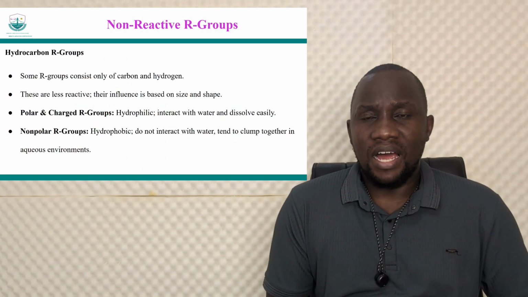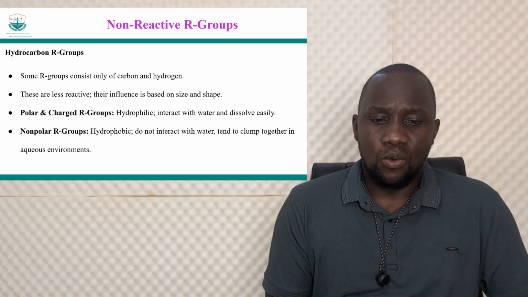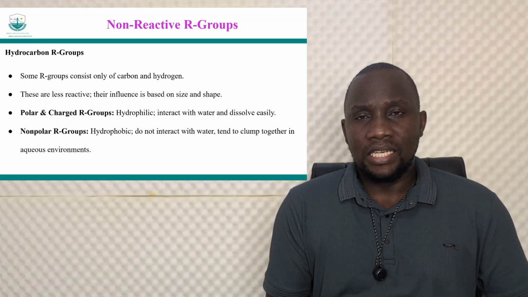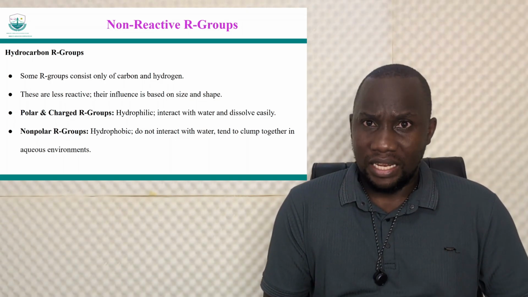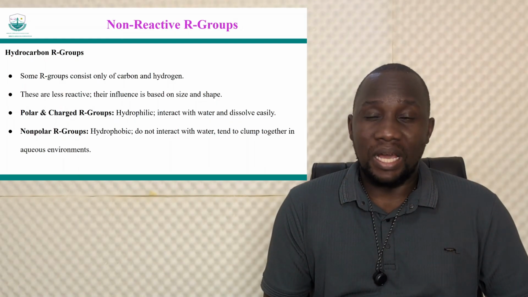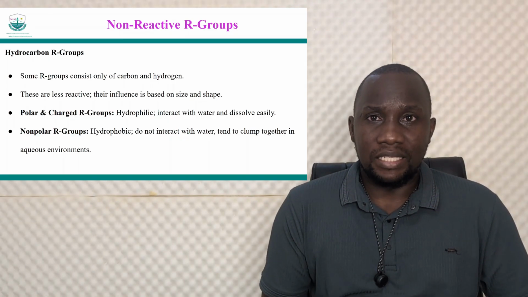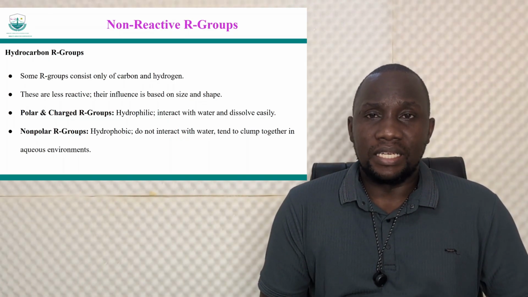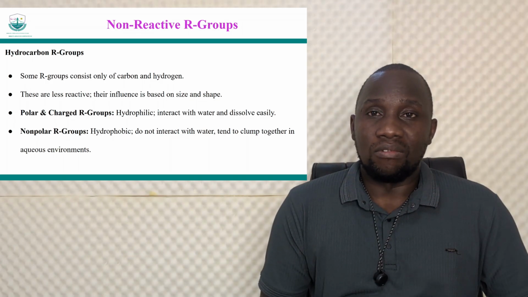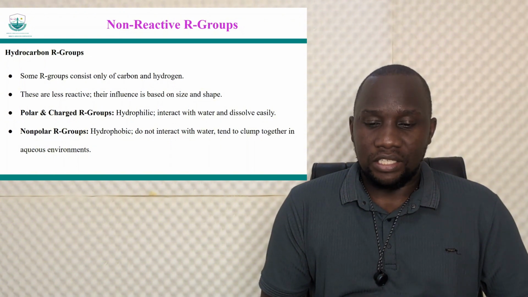Now, if we have the R group as a long chain of hydrocarbon, then we could expect that amino acid is not highly reactive. But if you have a chemical species that is highly reactive placed in the place of the R group, then you could expect that amino acid to be highly reactive.